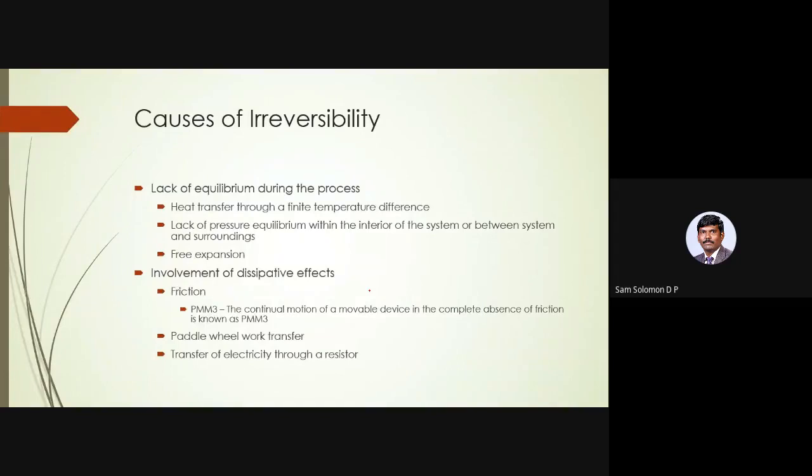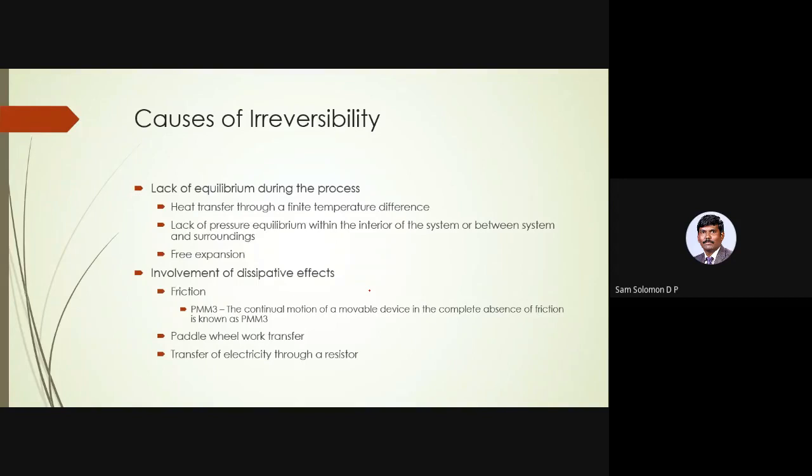And free expansion, we have seen free expansion, it is a spontaneous action. We have seen that in a room where you have two compartments, and in one compartment you have got air, and in the other compartment it is just vacuum. Nothing is there. Everything has been evacuated, and it is just empty without any air in it.